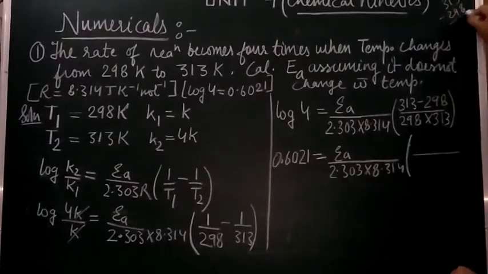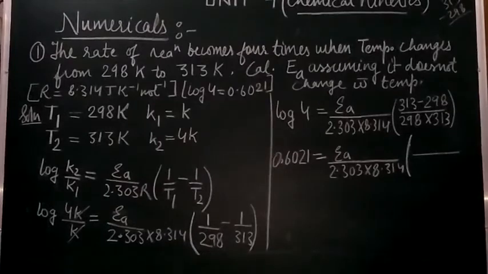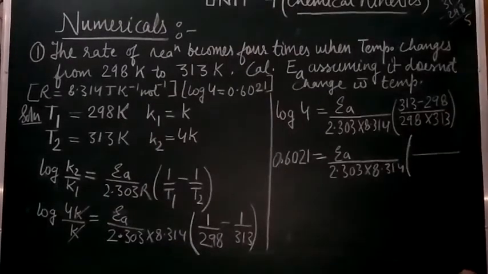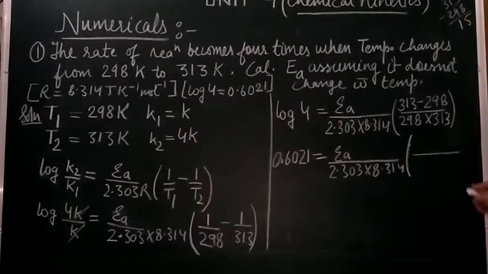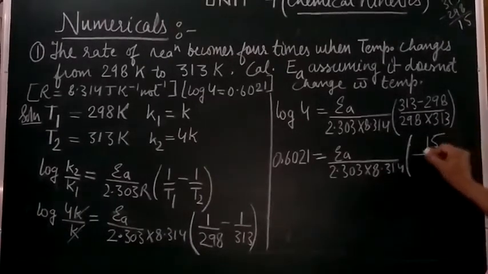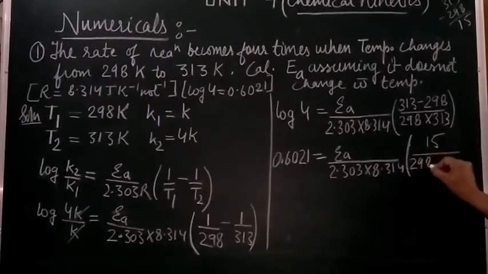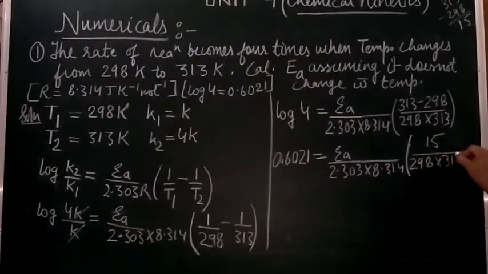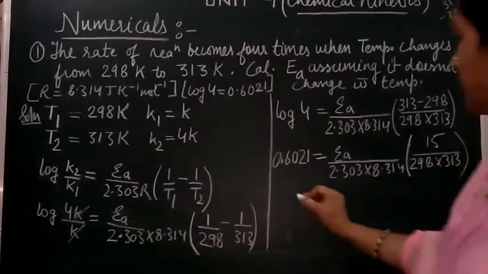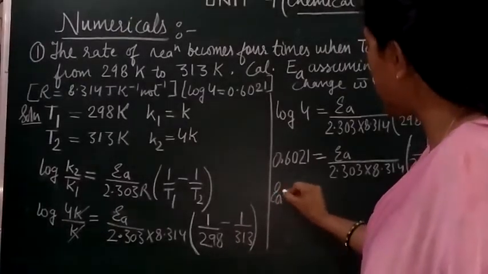So what we are getting here is 15, right? So we're putting 15 here, and 298 into 313. You will solve this equation for the activation energy.